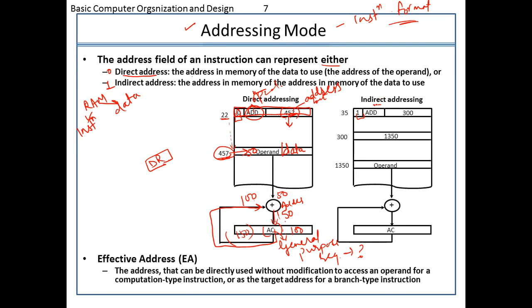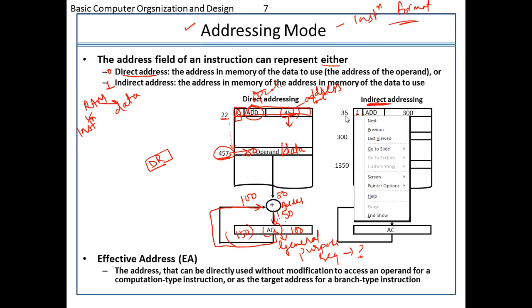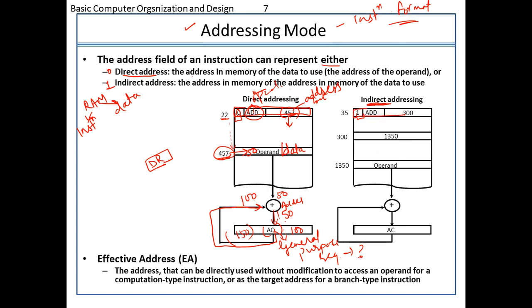Similar is the concept of indirect addressing, but how to fetch the data in case of indirect may vary. So let's understand it again. Let's suppose this is the instruction: 300, add, and 1. The 1 here in the mode bit determines that it is an indirect kind of addressing. 300 represents the address I need to refer to, and add is the opcode. So I need to go to this particular address 300, and then I will get some data.